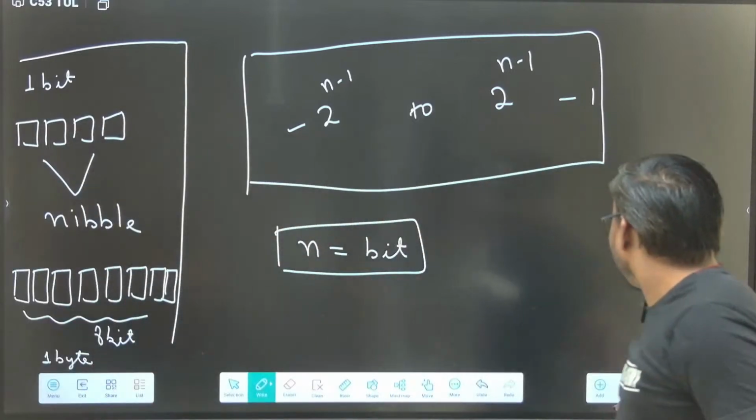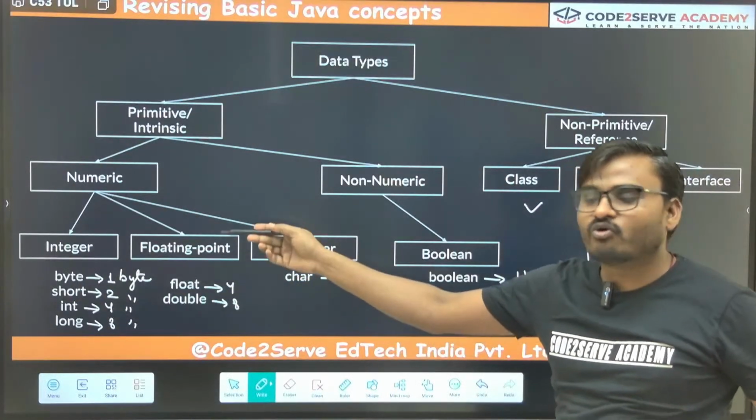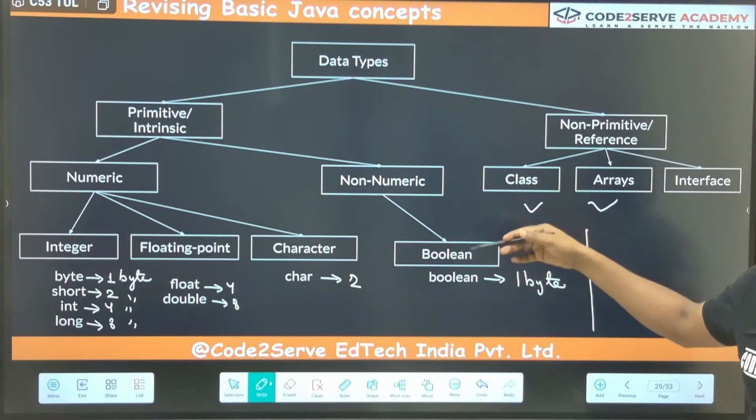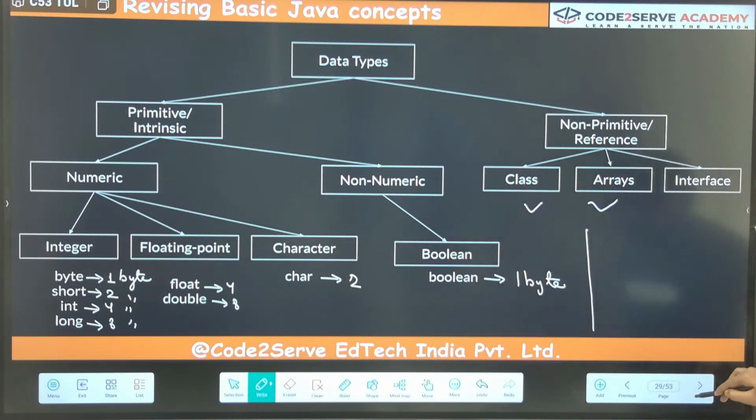I'll give you just one example, and it will be your homework to find the range of the different data types.